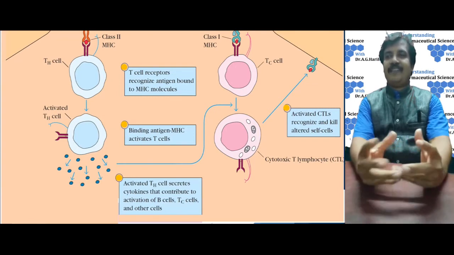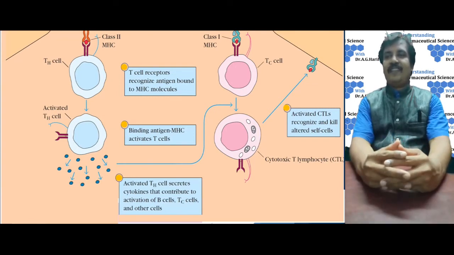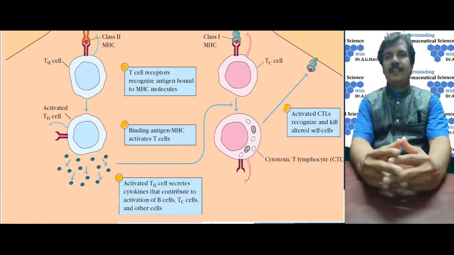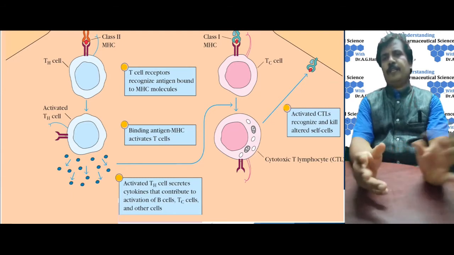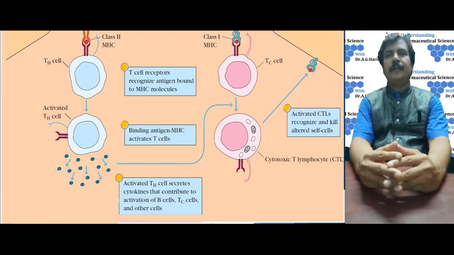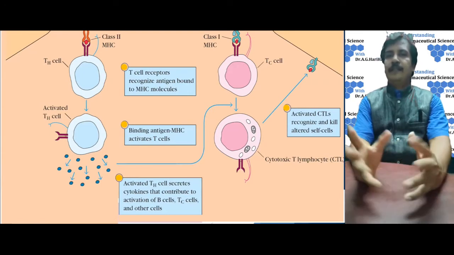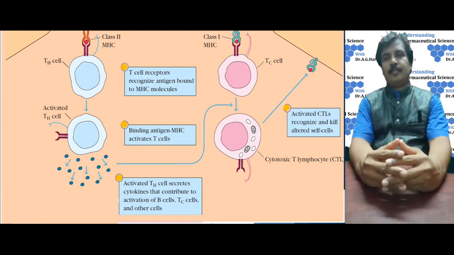Once activated, they release chemical mediators called cytokines. These cytokines activate both B and T lymphocytes. In B lymphocytes it goes to humoral immunity, but in this case it stimulates the cytolytic T lymphocyte, thereby cell mediated immunity and destruction will happen. So this is how MHC Class II works.